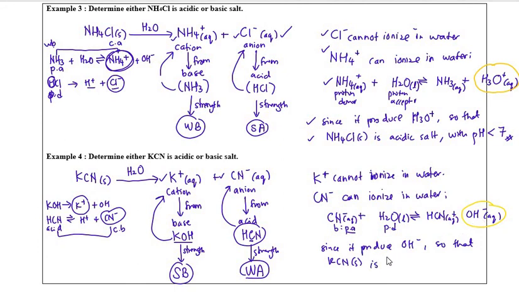If OH minus, it is a basic salt. So the pH we can predict is greater than 7. This is your answer. Okay, include your dissociation equation, which ion can ionize, prove with the equation, and conclude. That's all.